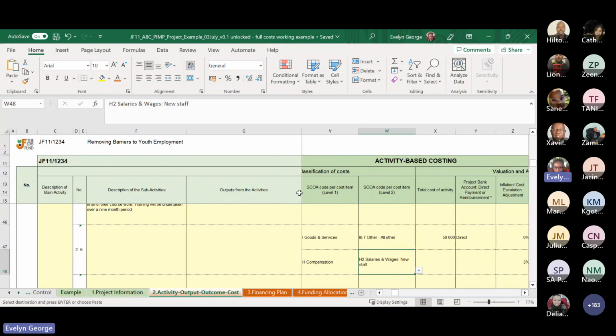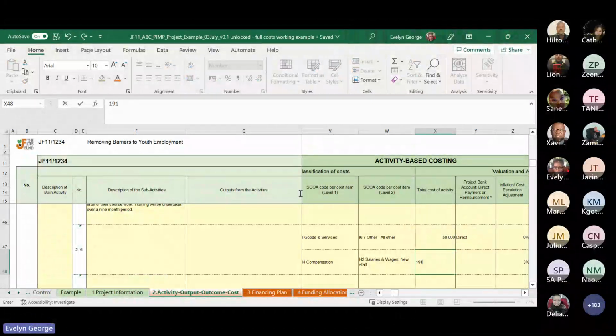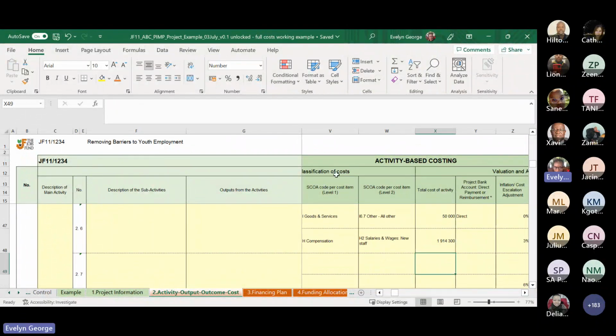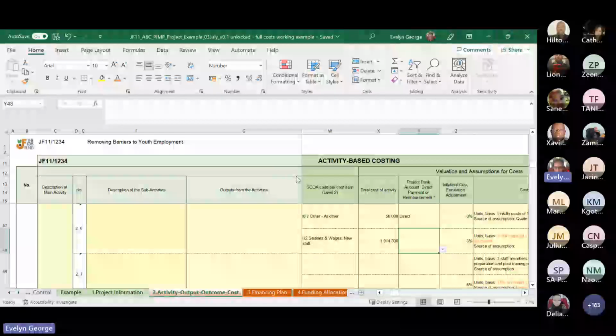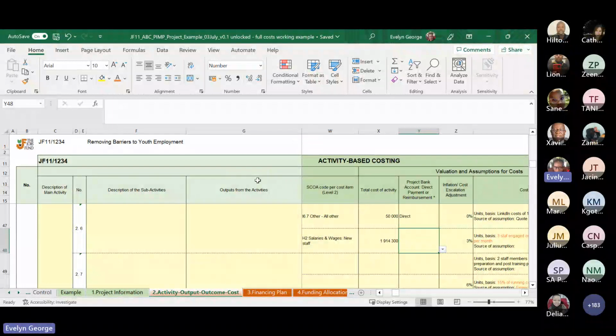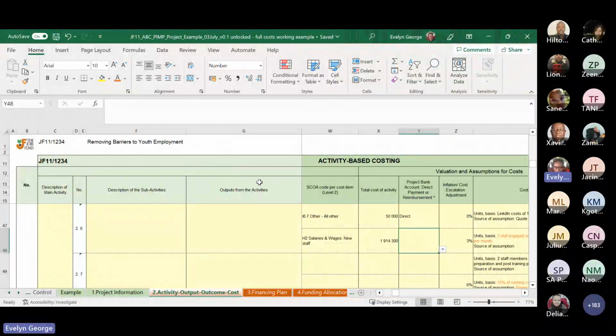It's new staff, and I think we said it's 1.9 million over the period. You can tell us if you can pay them directly from the project because they're new staff, or if you just load them on your current payroll from your current bank account and claim a reimbursement.